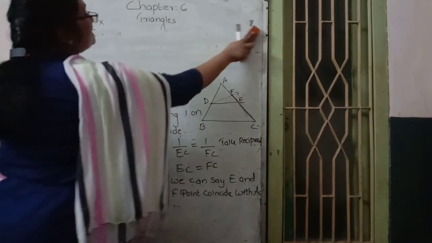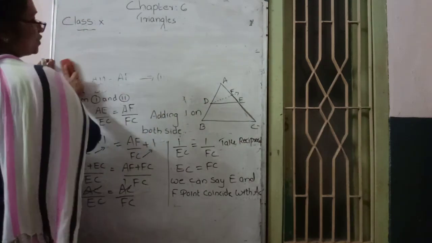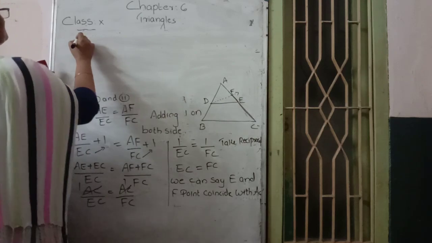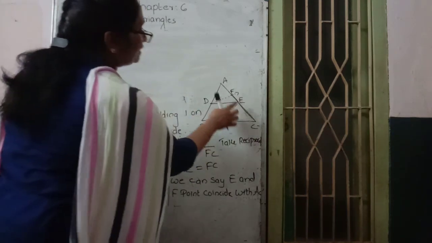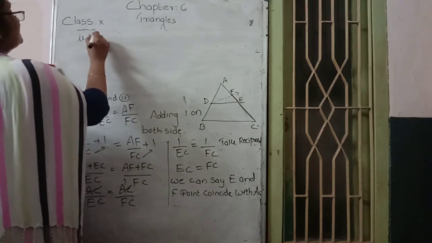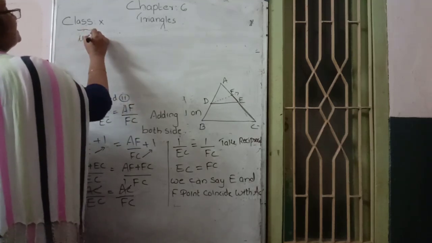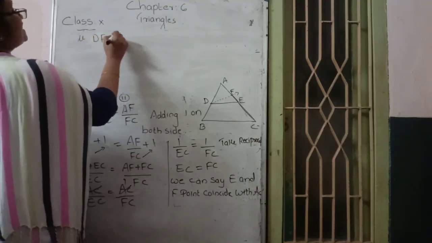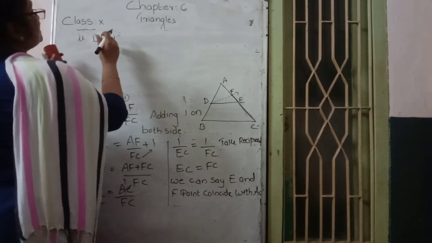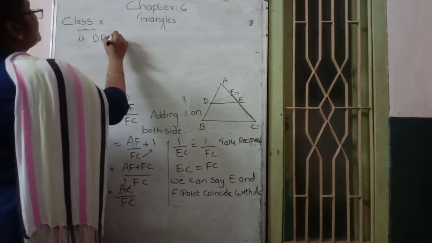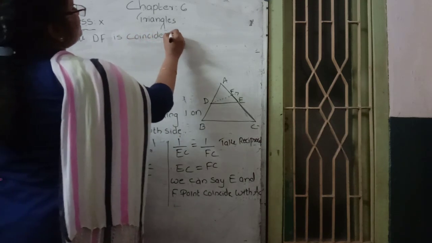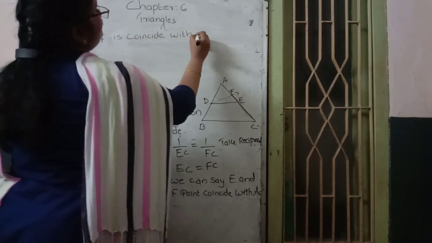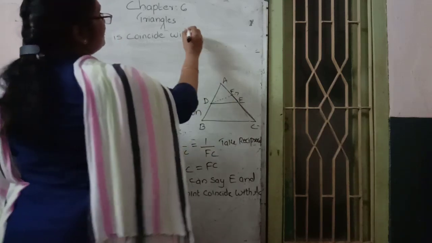That's why we can write that they coincide, which means DF is coinciding with which side? The AC side.